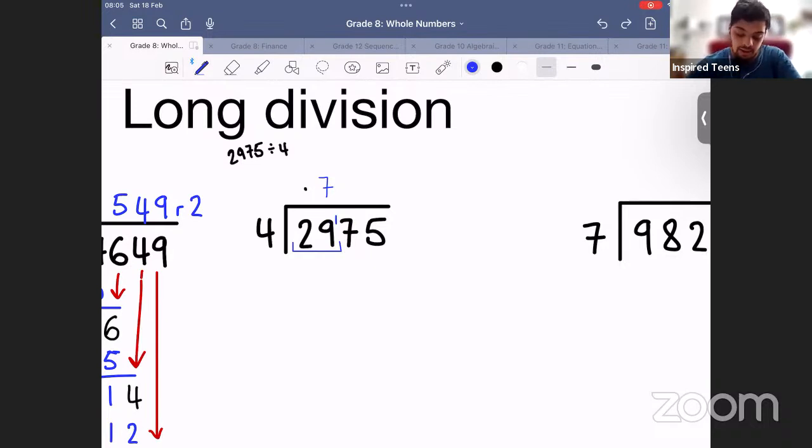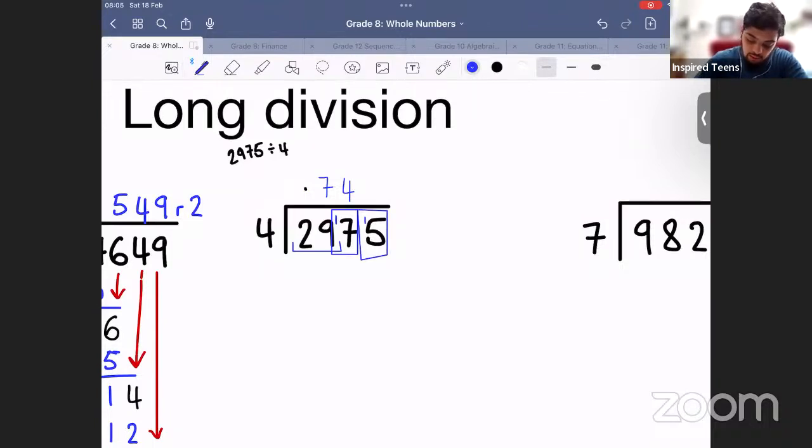Now we're going to say how many times does 4 go into 17? We treat that as a double-digit number. The answer is 4 times. Remember, 4 times 4 is 16. The difference between 16 and 17 is 1, so that's the remainder.